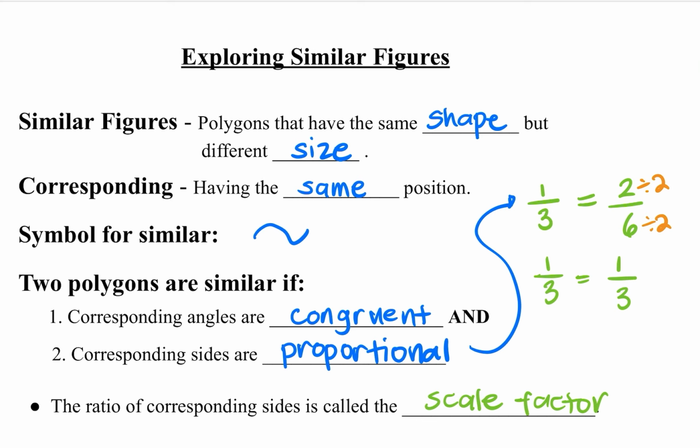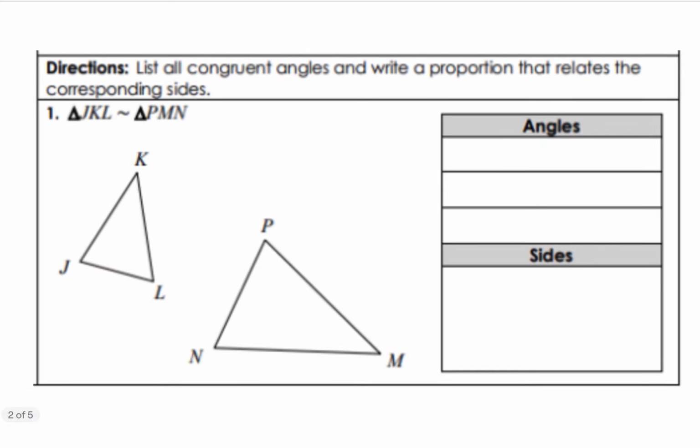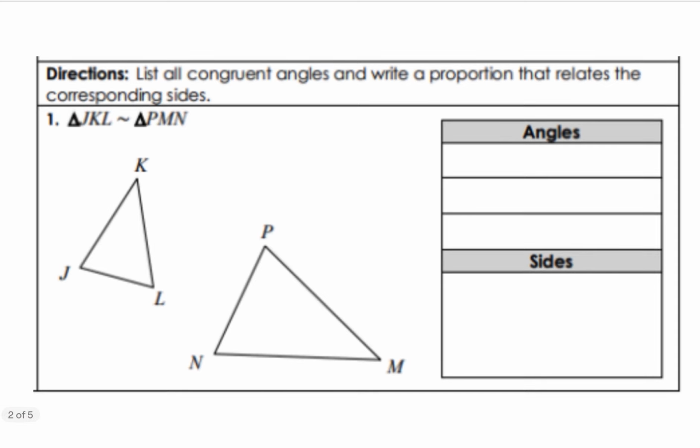Let's use this information to answer this example. List all congruent angles, and write a proportion that relates the corresponding sides. It is a little difficult to identify which angle corresponds to which, so I am going to use the names of the triangles. The first letter of the first triangle is J, and it is paired with P on the second triangle.